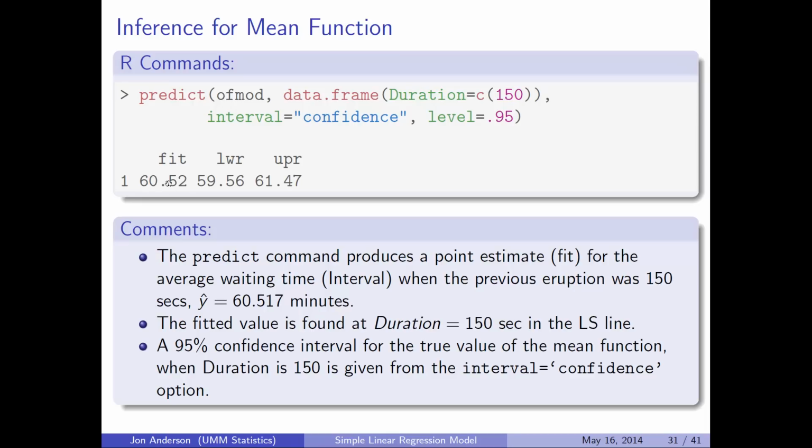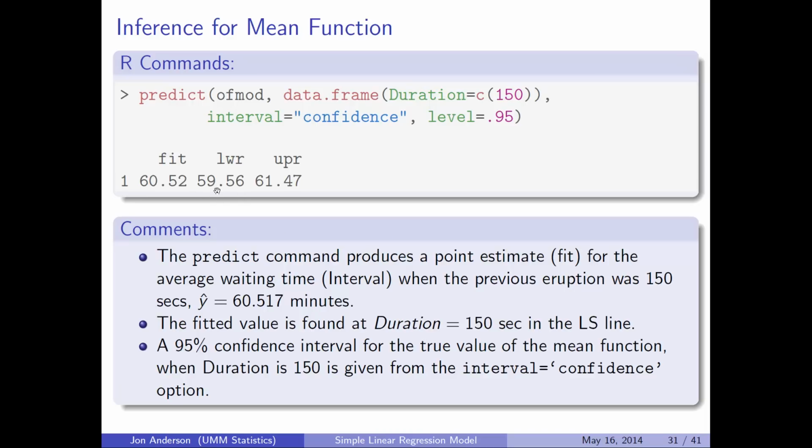Your estimated mean function is about 60.5 minutes, with a lower bound of uncertainty of about 59 and a half minutes and an upper bound of about 61 minutes. So there is very, very precise information in this data set about what the mean function is going to be.